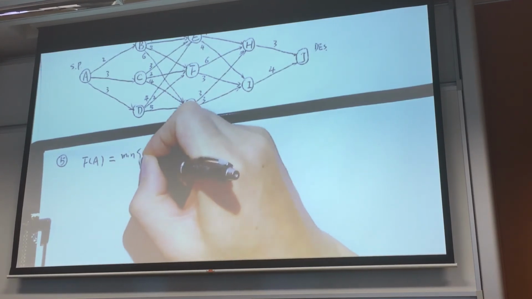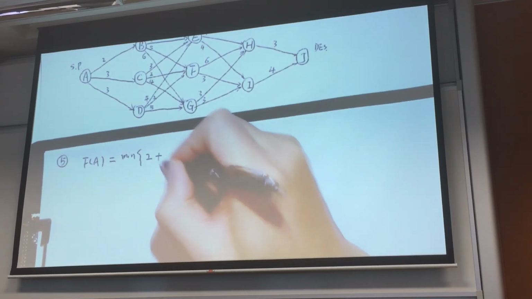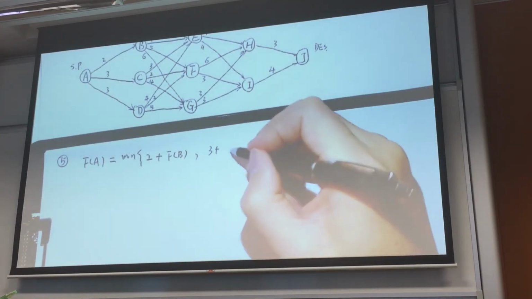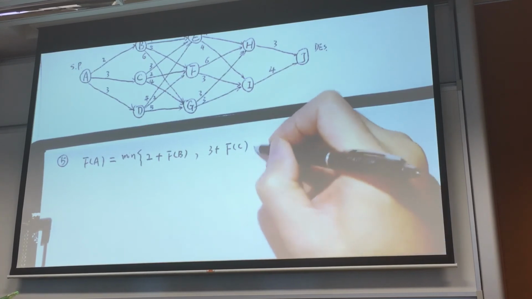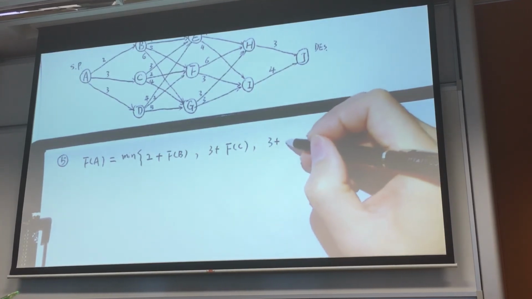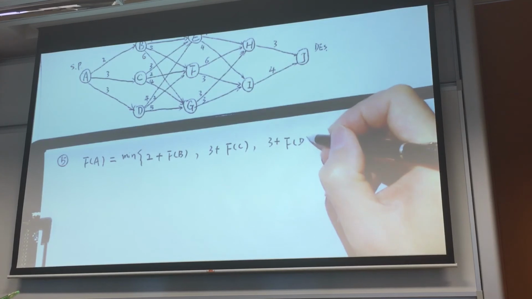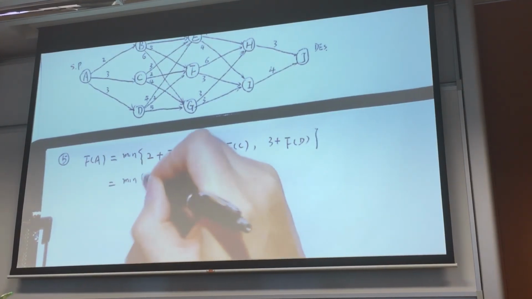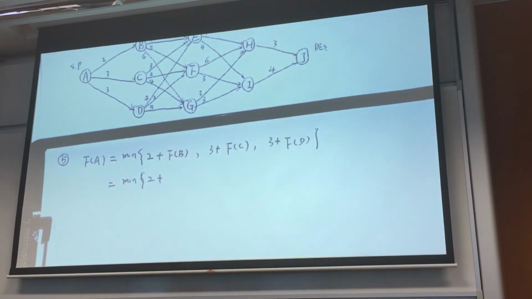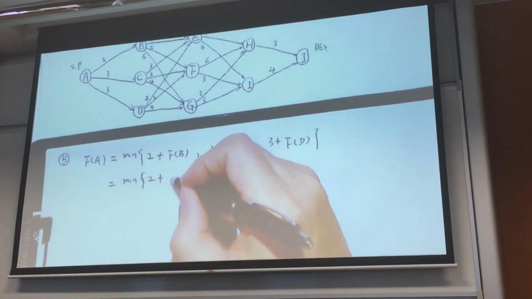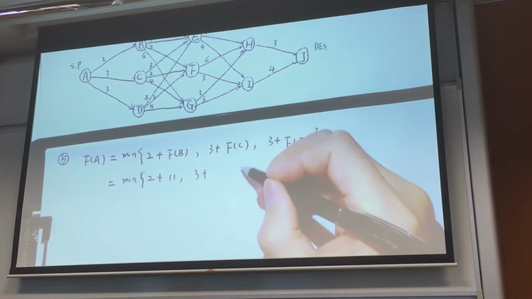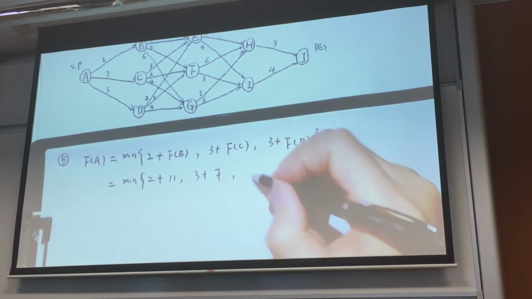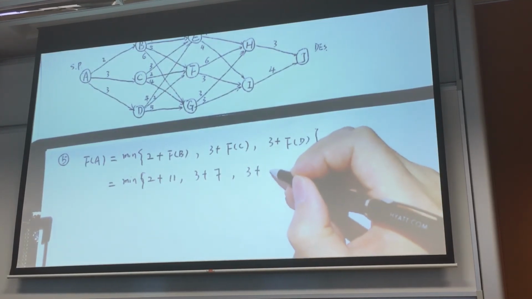So the first option is 2 to the node of B, then 3 to node of C, and 3 to node of D. So the FB equal to 11, then the FC equal to 7, and FD equal to 8.